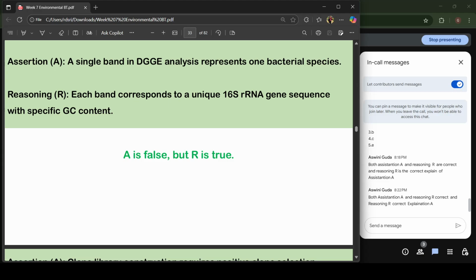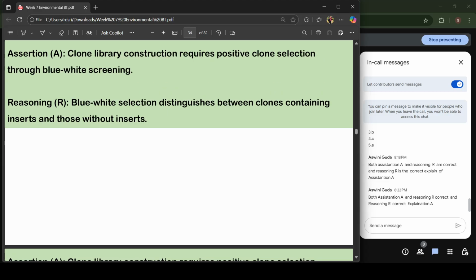And that is why all these methods and techniques keep evolving to increase their sensitivity and analytical efficiency. I hope that was clear.